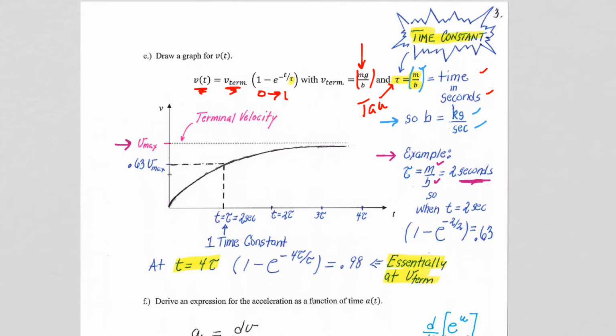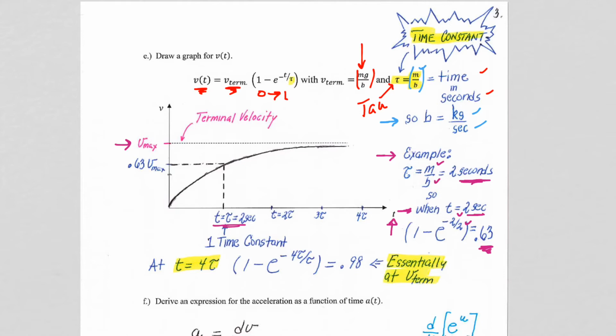You get the meaning when little t, the actual time, is at 2 seconds. So when we plug in 2 seconds for little t and 2 seconds for tau, we get 1 minus e to the minus 1, and we put that into our calculators, we get 0.63.